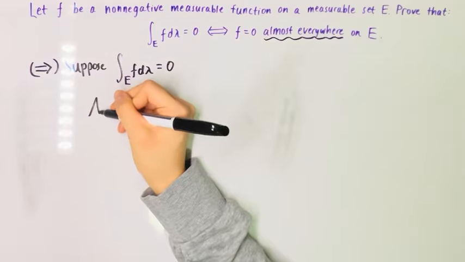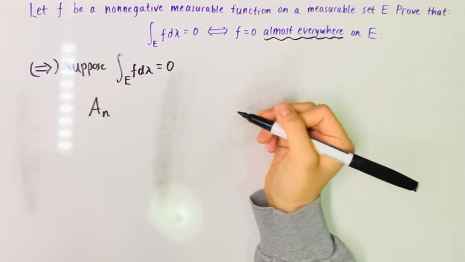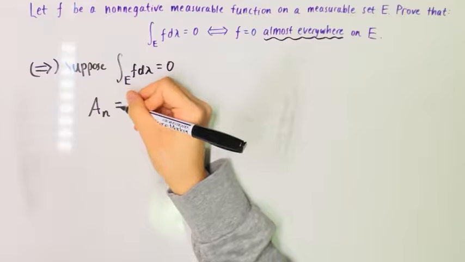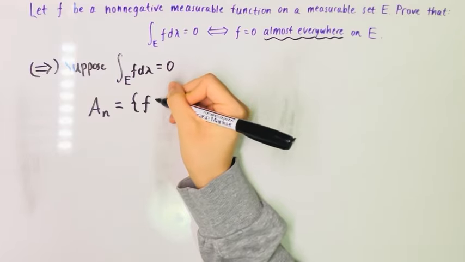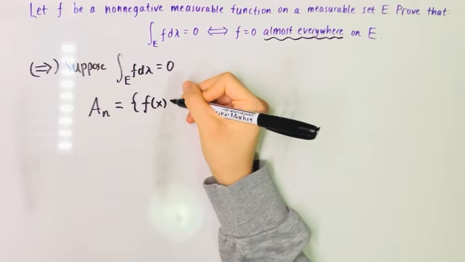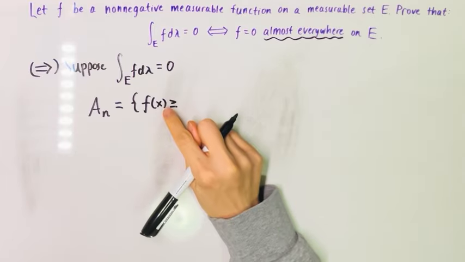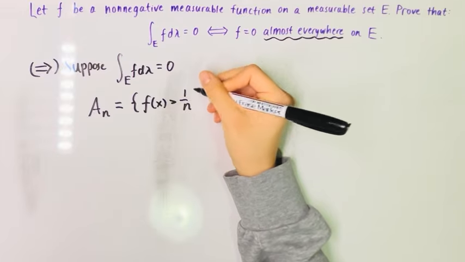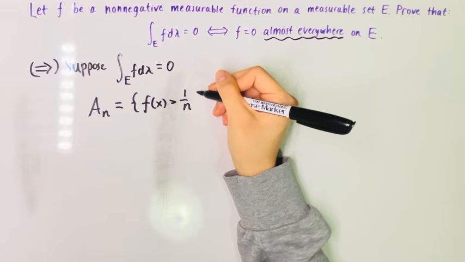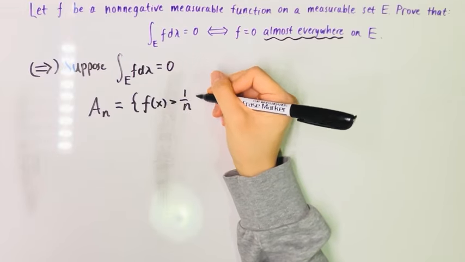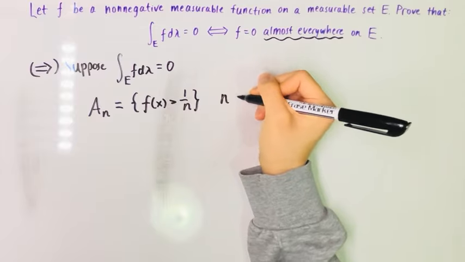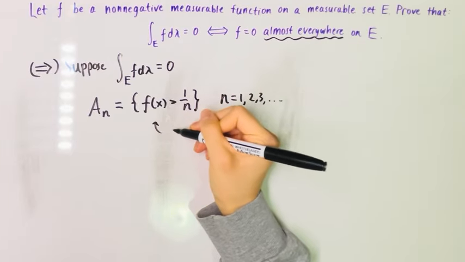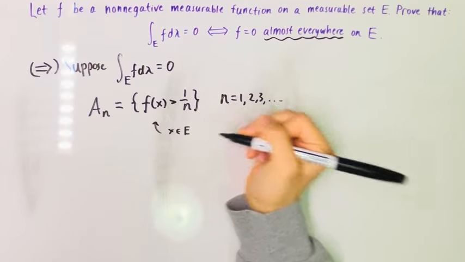And now we suppose we have a sequence of sets A sub n, which is just going to be the set of all x such that f of x is greater than 1 over n, where n equals 1, 2, 3, and so on. Of course, all these x are also in E.